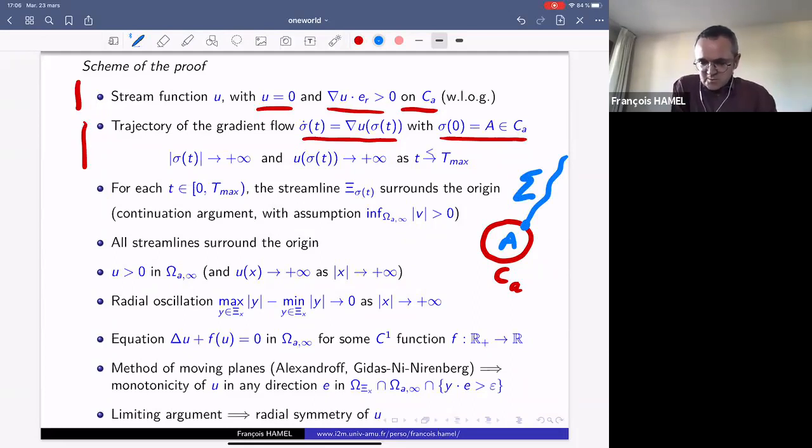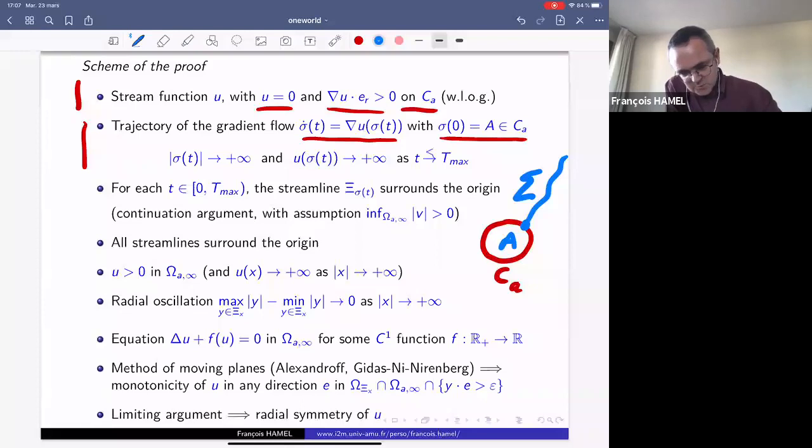So at any point of sigma, the streamline containing this point intersects capital sigma orthogonally by definition. And along the capital sigma, the function u is strictly monotone.